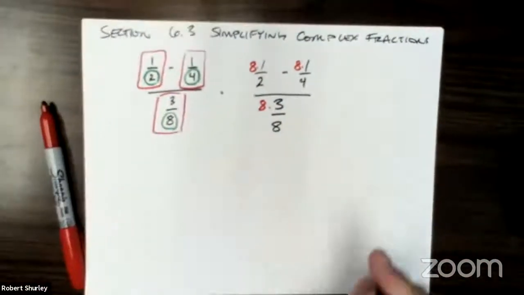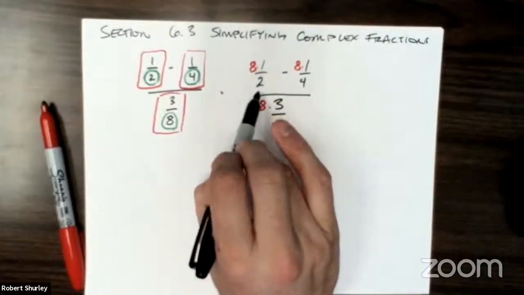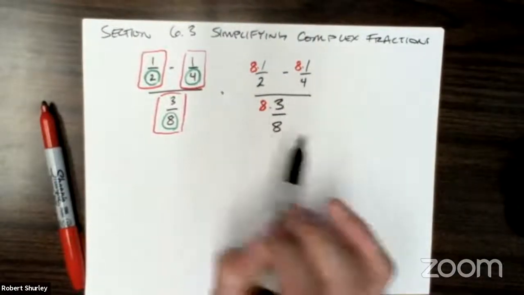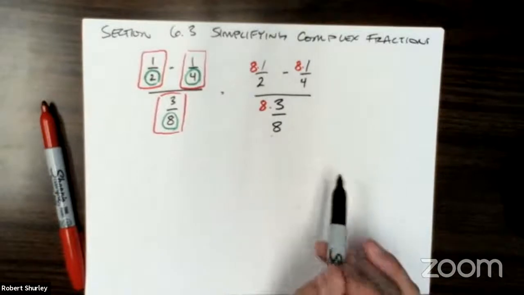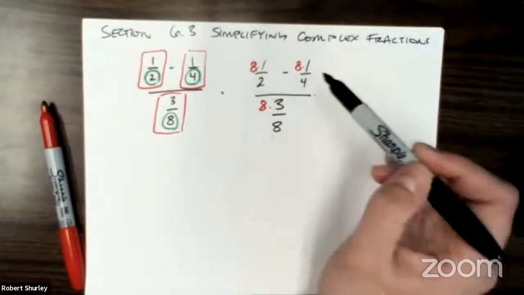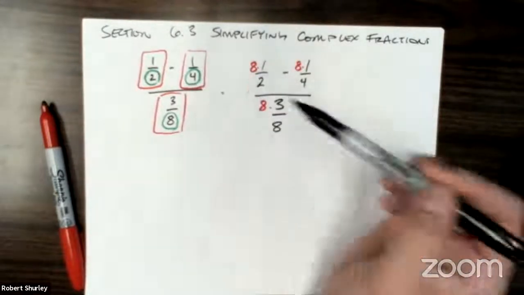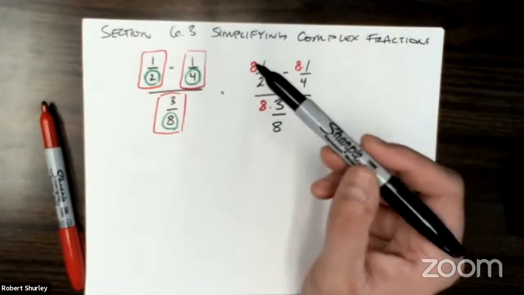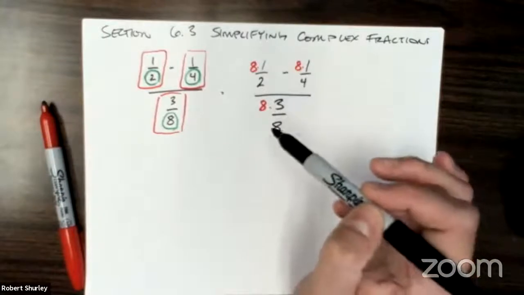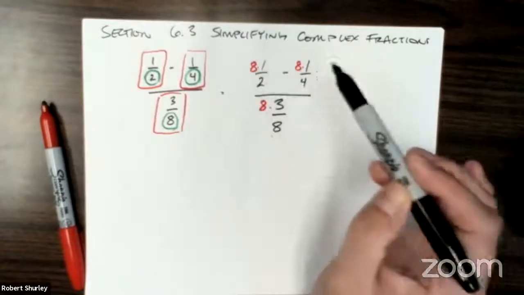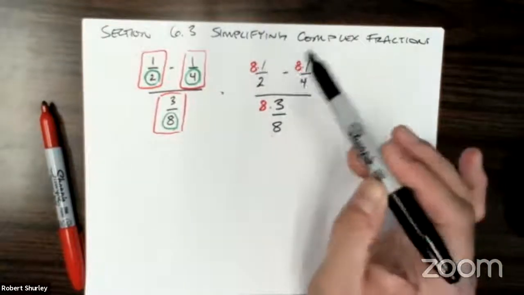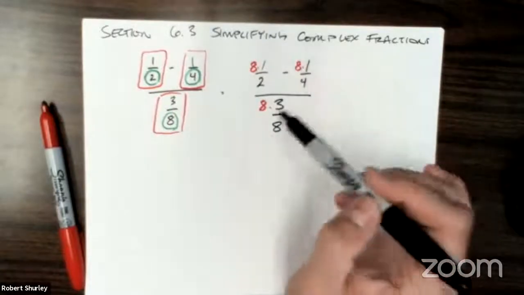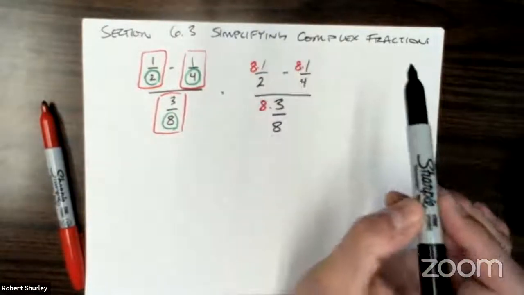When you do this, it's going to cancel with each denominator. We haven't violated any math laws, because all we're really doing is multiplying the numerator and denominator by 8. It's like multiplying by 1. As long as you multiply every numerator by 8, really you're multiplying every number, 1/2, 1/4, and 3/8, by the same number.